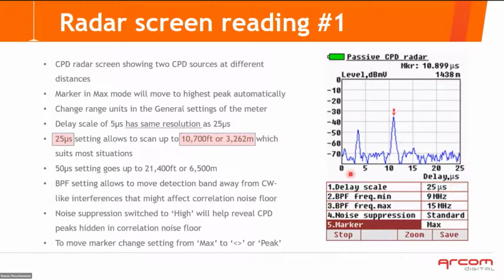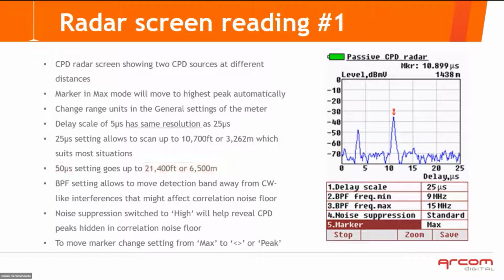But remember that delay range is not changing resolution. It's still the same. Resolution will be changed when you use zoom, and that will be used when you need very precise measurement, and you need to check if there is just one source or two sources hidden in one peak.